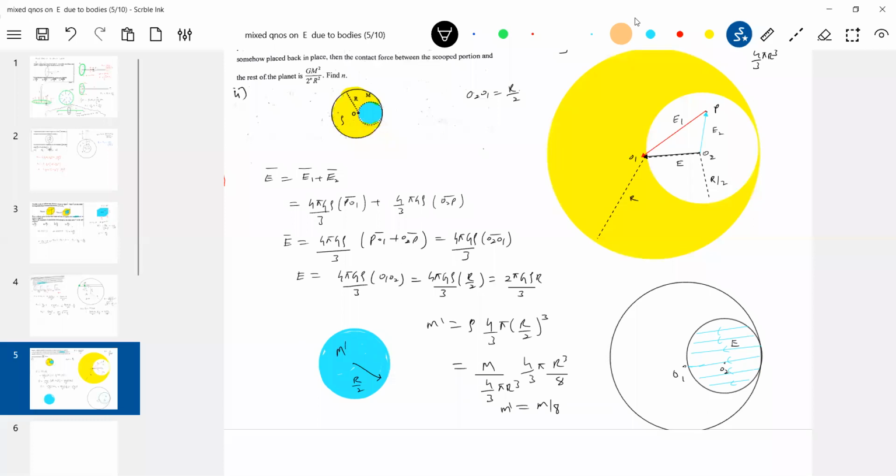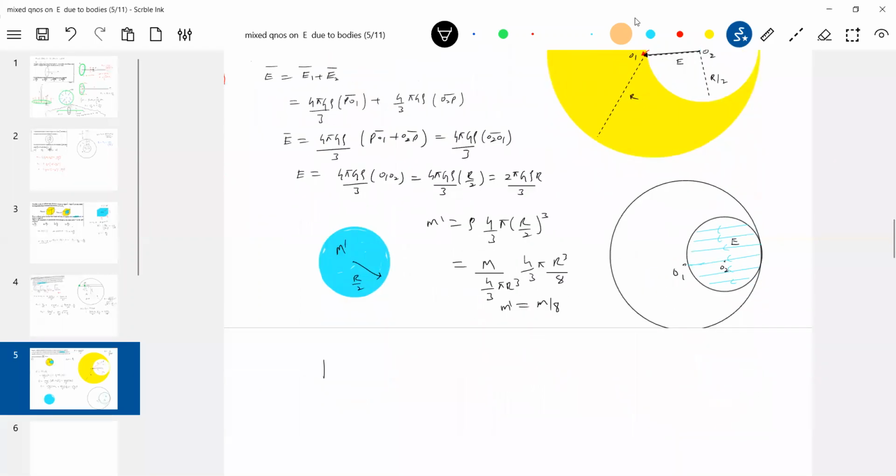Now what will happen? This particular mass is going to experience this particular field, E. So what is the force acting on it? The force acting on this scooped out portion, F dash, should be equal to M dash into E. So what is M dash? M by 8. What is E? We know this one: 2 pi G rho R by 3.